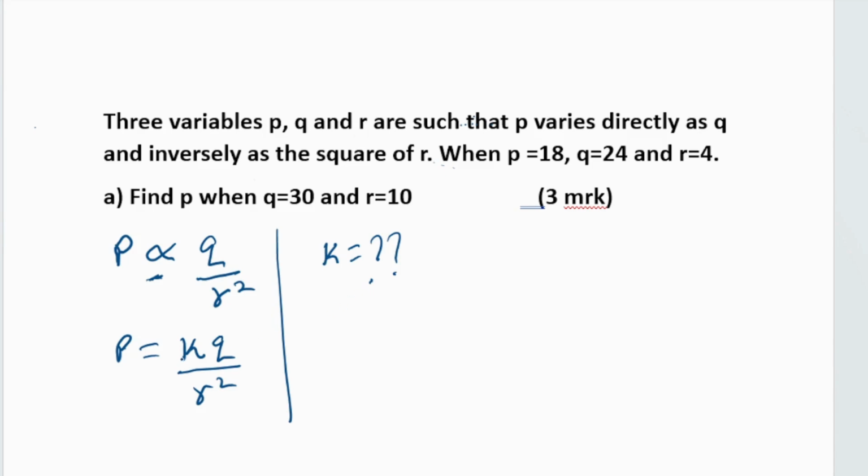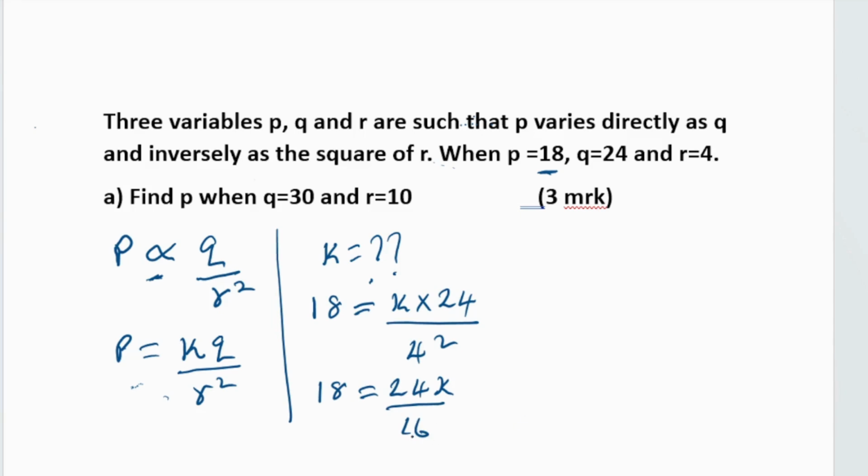Therefore, we can substitute these values into this expression, and we are saying 18 is equal to k times q, which is 24, over r squared, that is 4 squared. Now we can write this expression as 18 is equal to 24k over 16.